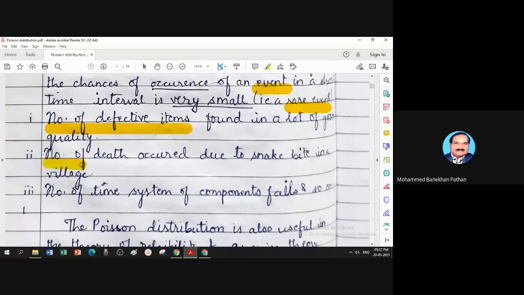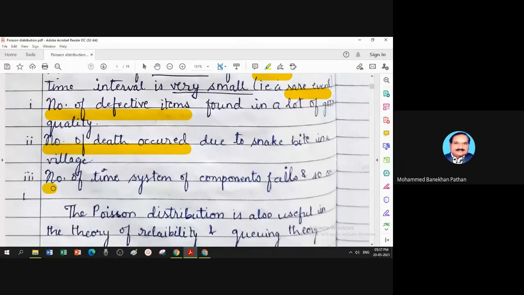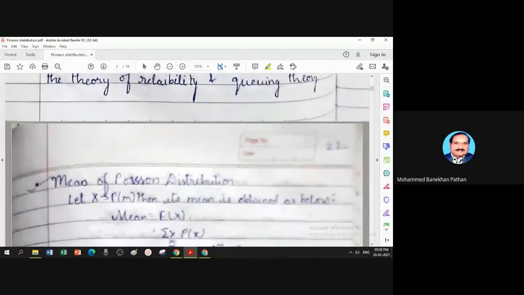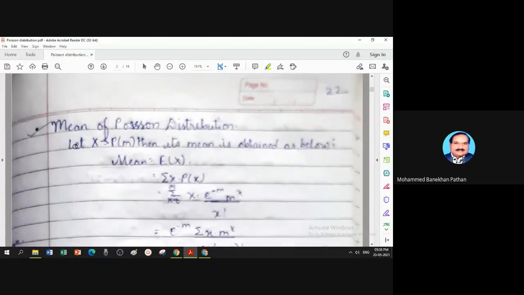The number of deaths that occur due to snake bite, this is your random variable. The number of times a system component fails, this is your random variable. So you want to see, on an average, if you study this process, how many defective items, how many deaths occur, how many times the system fails. The answer will be by calculating the mean. That is nothing but the mean of your Poisson distribution.